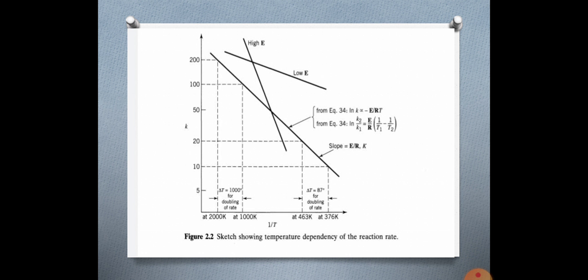If we have the rate constant and temperature values, then we can easily find the activation energy. In the graph, T increases from left to right because it is 1 upon T, not T.